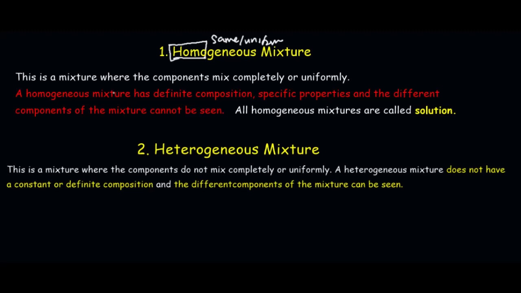So a homogeneous mixture is a mixture where the components mix completely or uniformly. All right. So for a homogeneous mixture, after adding the components together, what it means is that they mix completely. And by mixing completely, I mean that at the end of the mixture, you can't identify the individual components of the mixture. All right. An example is salt solution.